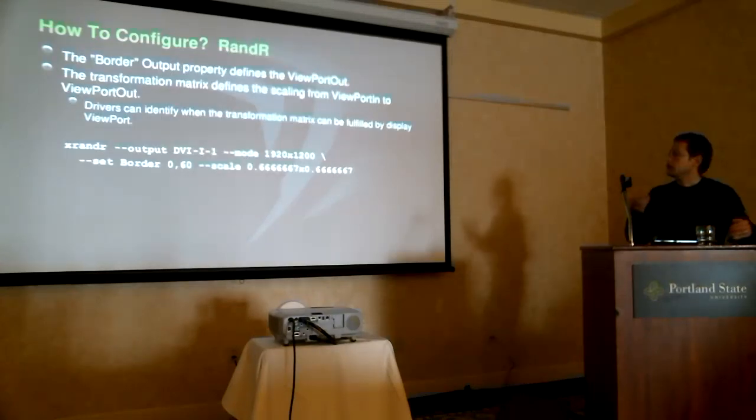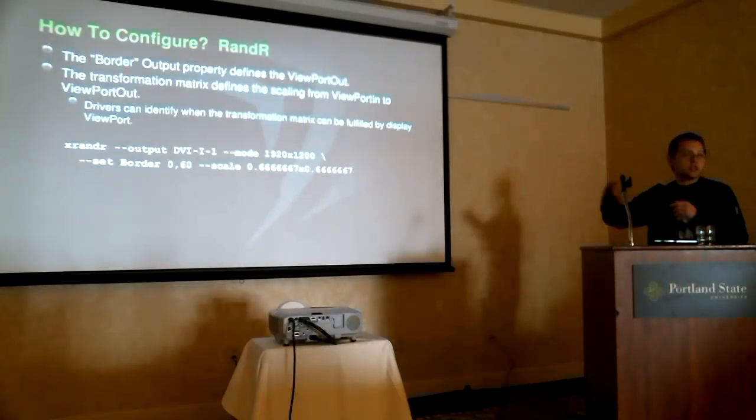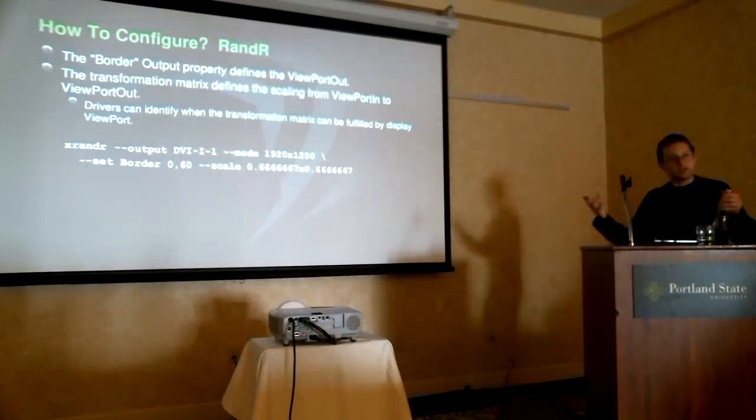With RandR, like Keith noted, you can do that today. So you specify the mode that you want. You can do whatever you want. And the scale option is a user-friendly version of expressing the transformation matrix.